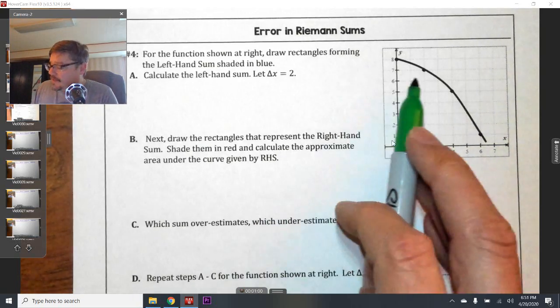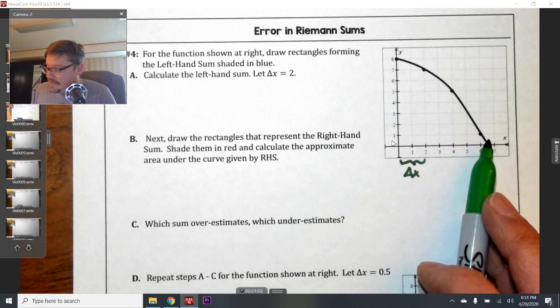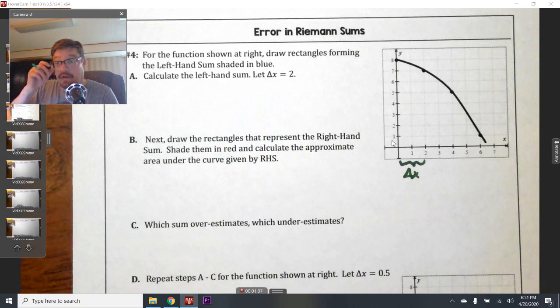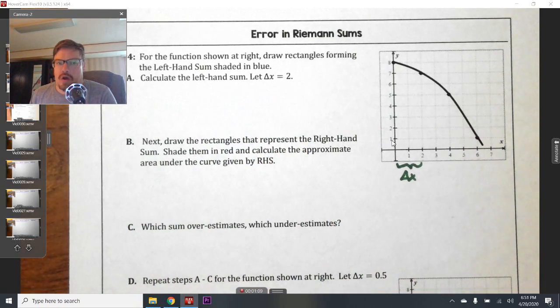But I have these 1, 2, 3, 4 dots right here. We're going to calculate the left-hand sum. So we're going to basically draw this. Actually, let me use ink, so it'll be blue ink.